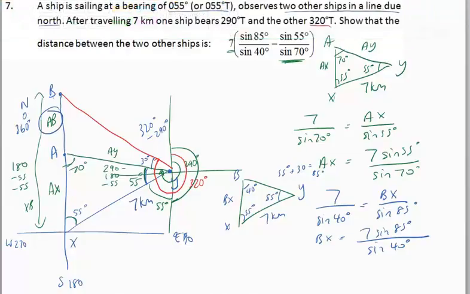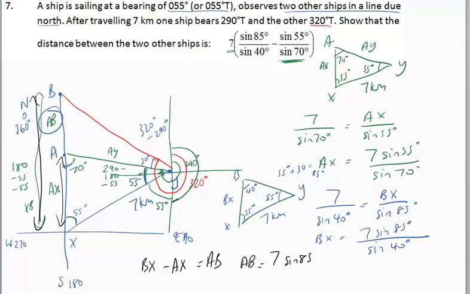So BX is our total length, and we minus our length AX, and that will give us our length AB. So our AB length is BX, 7 sine of 85 degrees divided by sine of 40 degrees, minus our AX, which is 7 sine 55 degrees divided by sine 70 degrees.